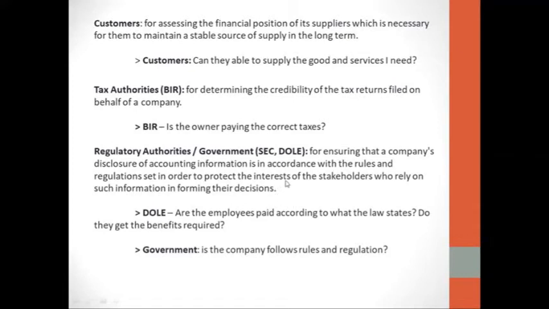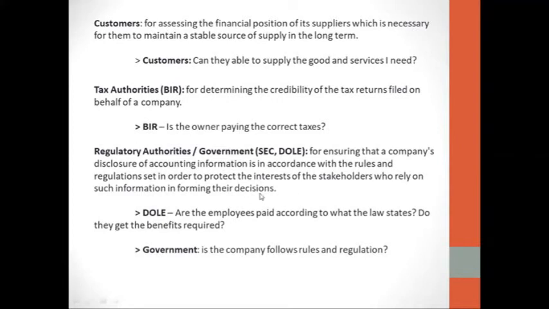So basically, if the company does not comply with the rules and regulations of the DOLE, of course, employees will be able to run to DOLE for them to be able to file a complaint.